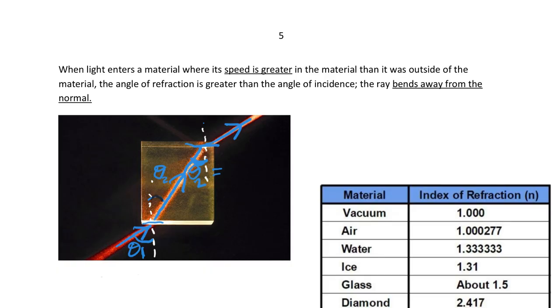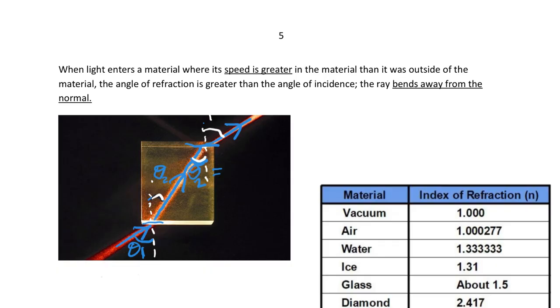This angle right here is equal to that angle. But the point is, this new angle of refraction, I don't know what to call it, is bigger than the angle of incidence.